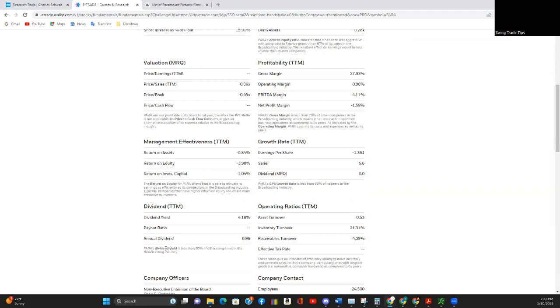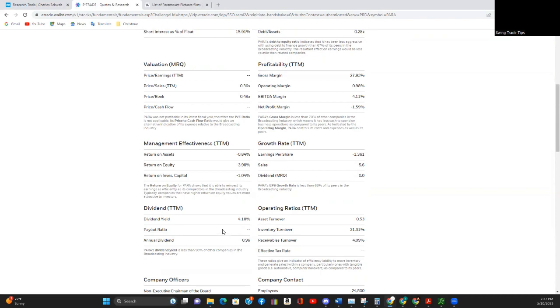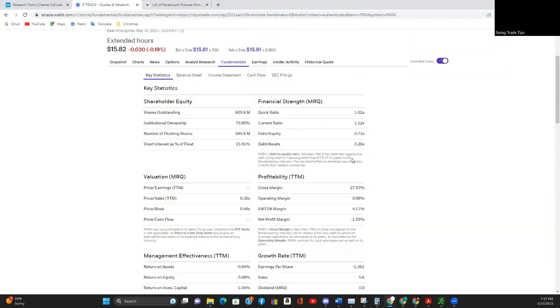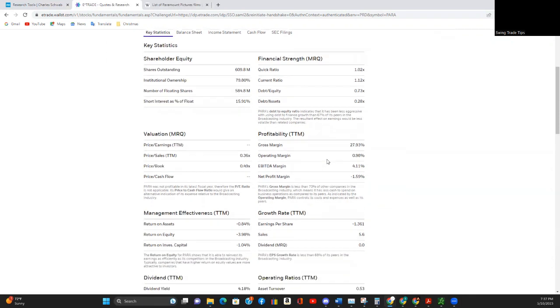And I'll point out that as a comparison to other companies in the same industry, the dividend at 96 cents a share is less than 90% of other companies in the industry. And debt indicates that actually somewhat positive. It's less debt than average for the industry.